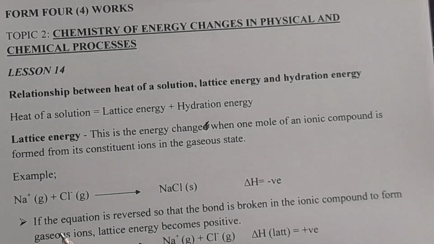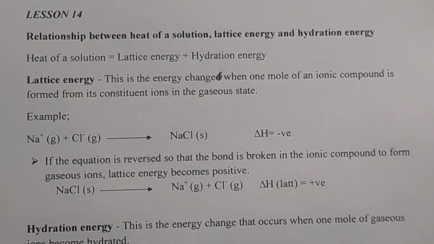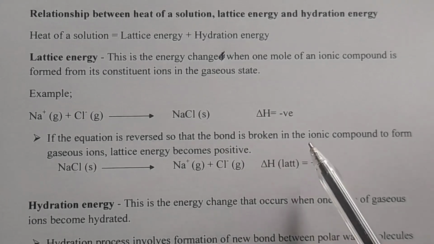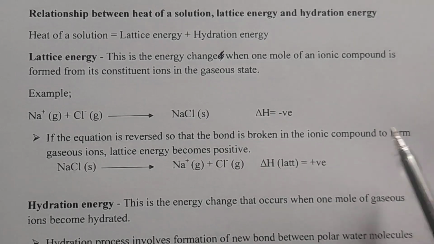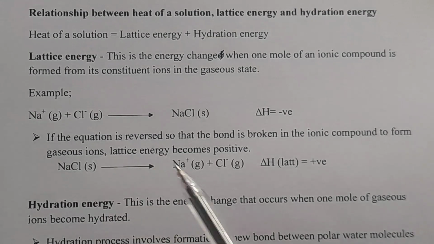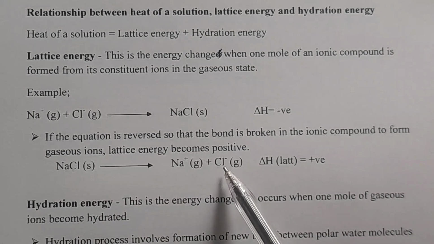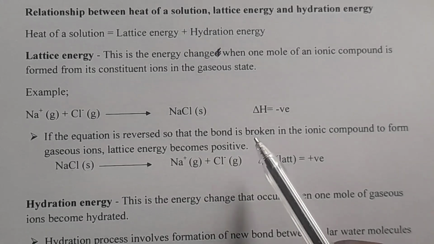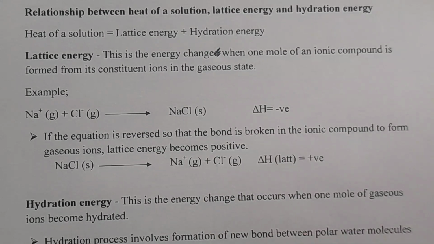We are told that if the equation is reversed so that the bond is broken in the ionic compound to form gaseous ions, that's sodium ions and chloride ions, lattice energy becomes positive. We have even seen this in Hess's law.